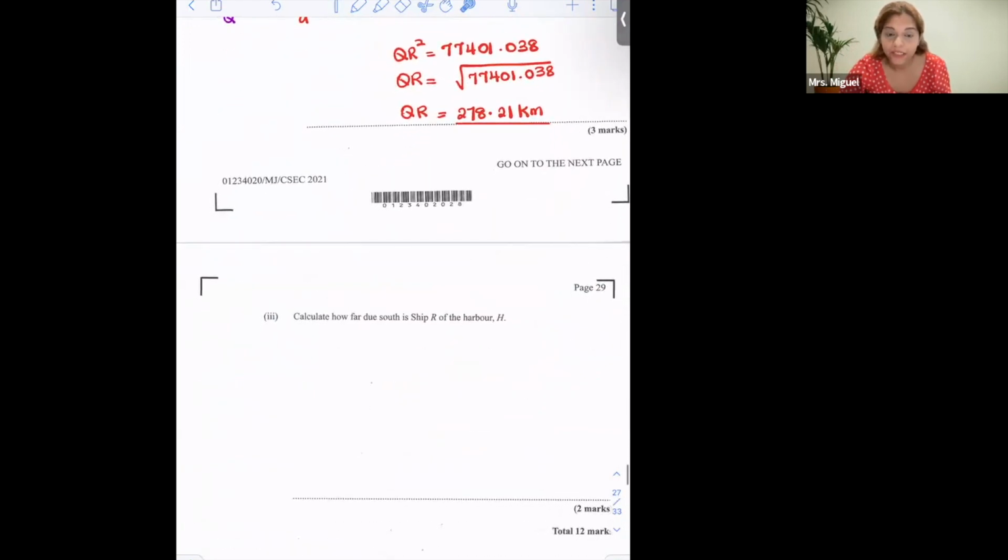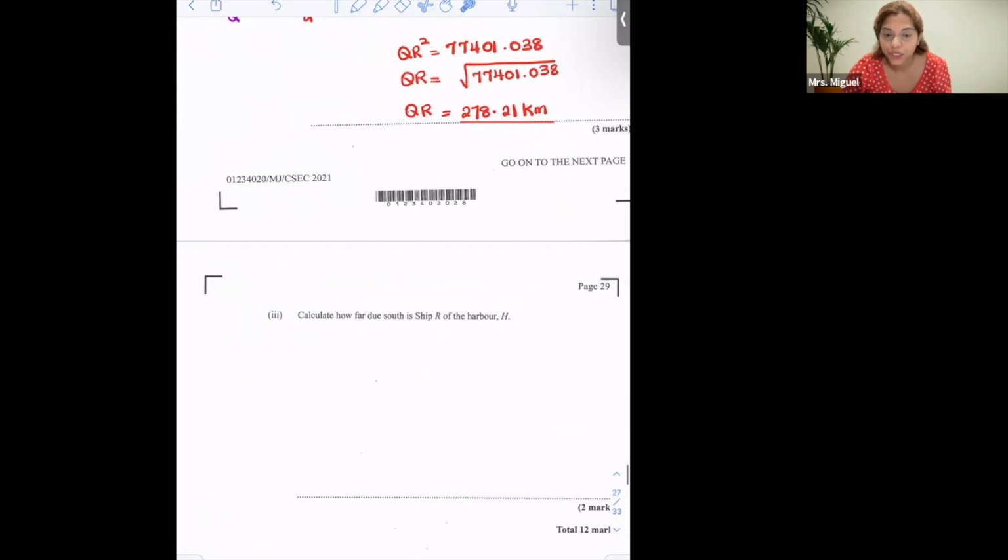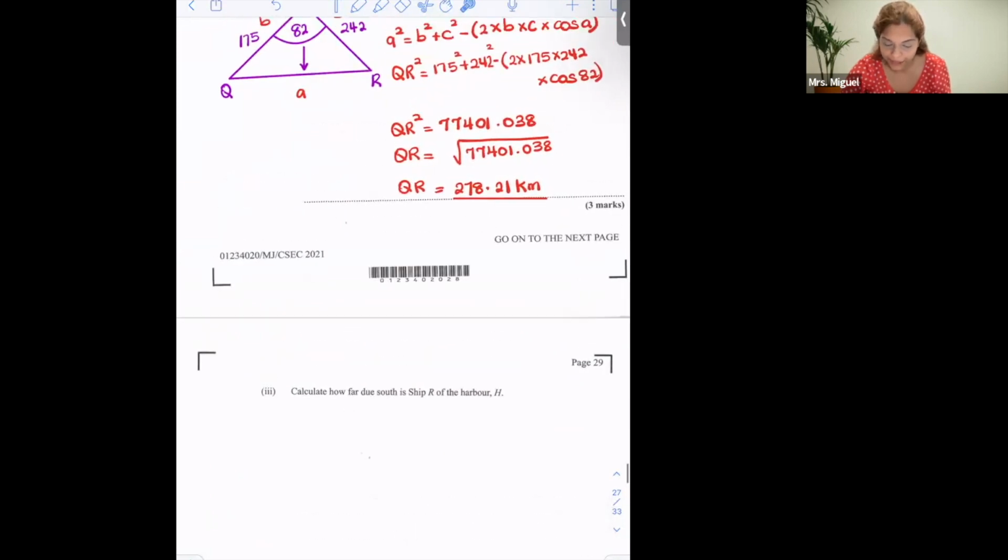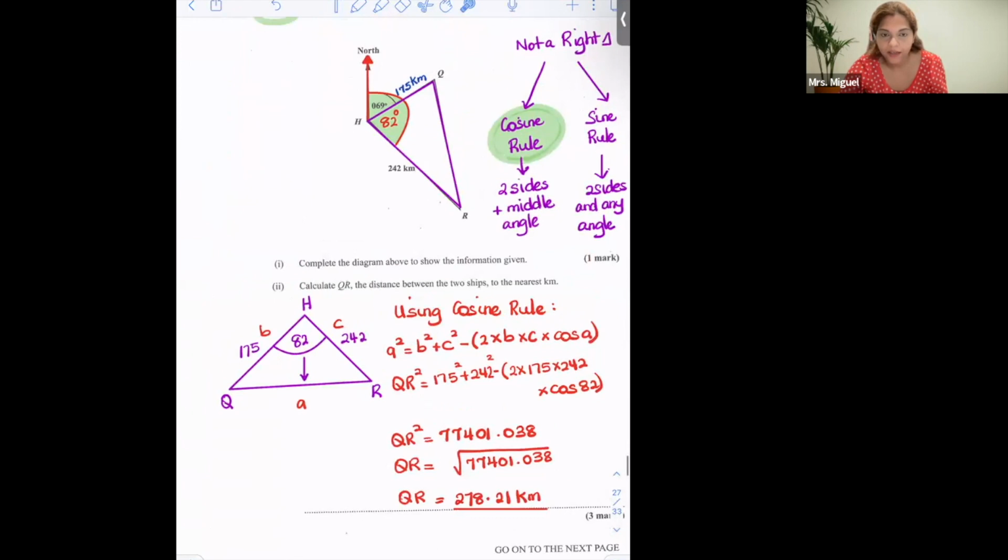Calculate how far due south is ship R from the harbor H. So we have to draw a line going in a southern direction.